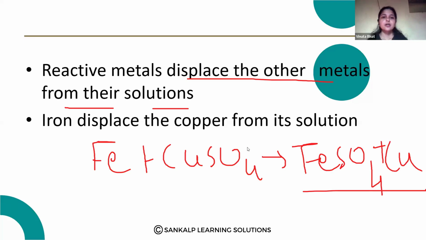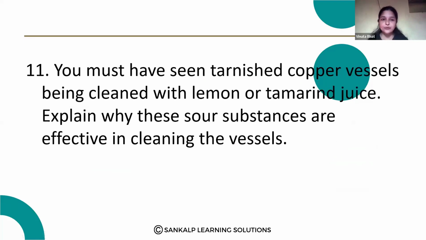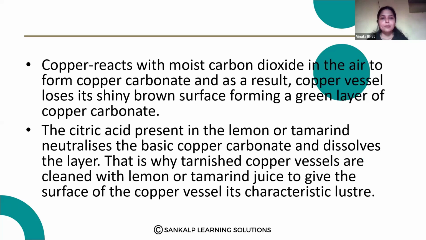Next question. You must have seen tarnished copper vessels being cleaned with lemon or tamarind juice. Explain why these substances are effective in cleaning the vessels. Here, copper reacts with the moist carbon dioxide in the air to form copper carbonate. As a result, the copper vessel loses its shiny brown surface, forming a green layer of copper carbonate.